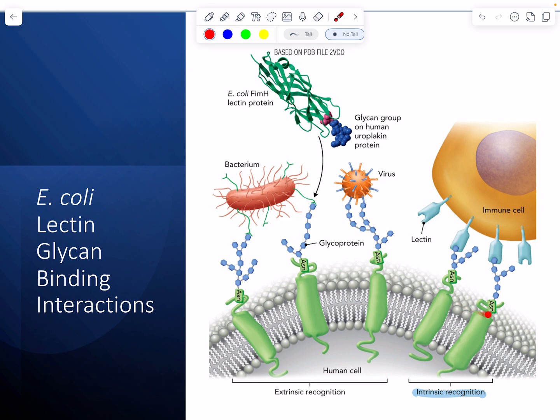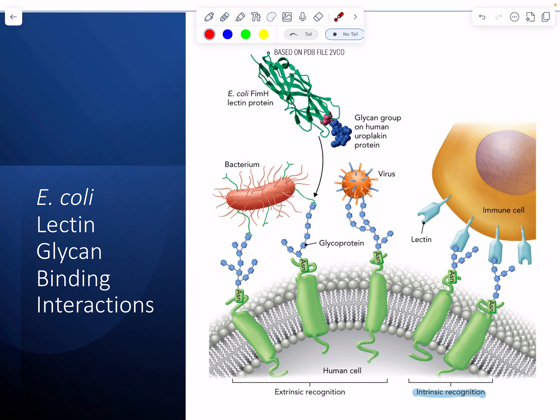This is where, if you're transplanting an organ, you have to make sure that the glycoproteins on the surface of the donor organ are compatible with the immune system of the recipient. Glycans and glycoconjugates play an important role in immune matching for things like organ transplantation or blood transfusion.